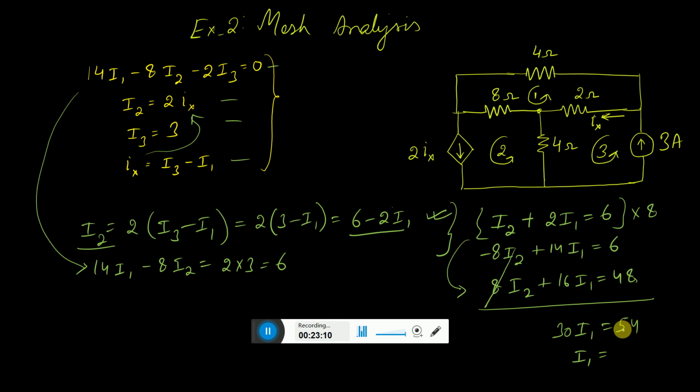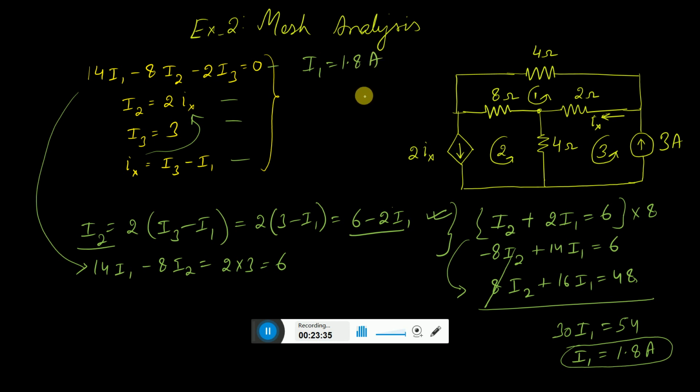From that we get 54 divided by 30, which is nearly 1.8 amperes. So the value of I1 is equal to 1.8 amperes.